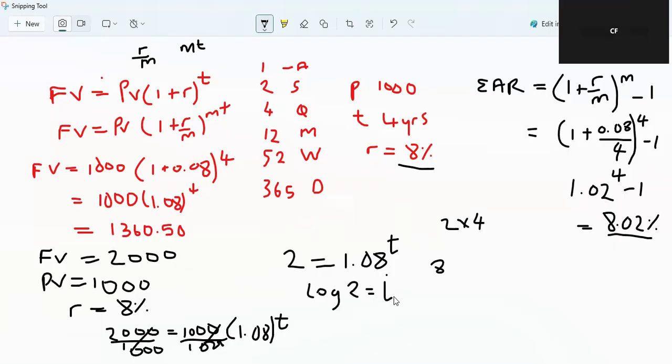You introduce logs. The t can only drop when you introduce logs or natural log, ln. So the t will fall in front here, meaning you need to divide both sides by log 1.08.